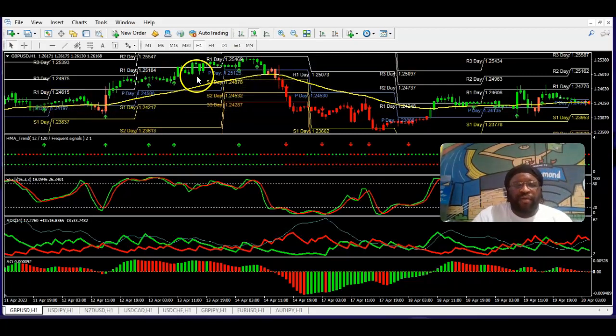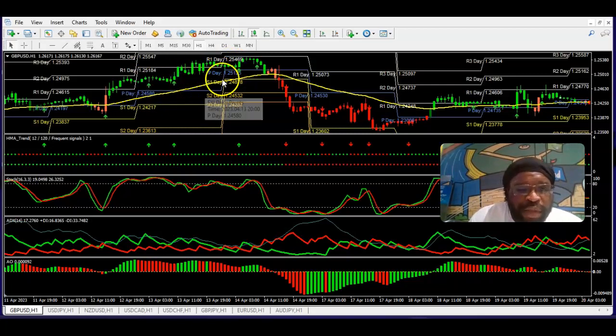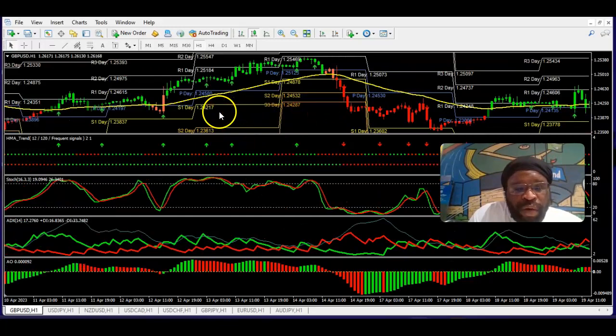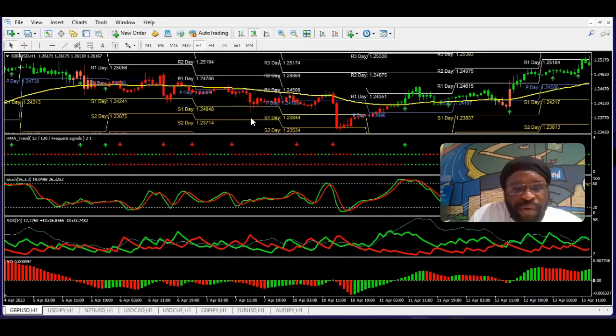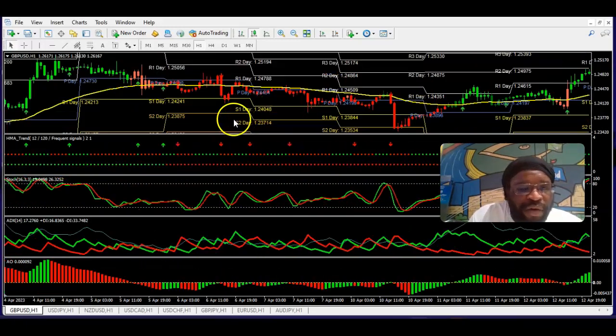So the very first rule is, where is price? I want to show you within here, can we find a trade? This is GBP USD. This is a live account. I'm not going to take an actual trade, but I just want to give you an example of what could happen if we follow this strategy.